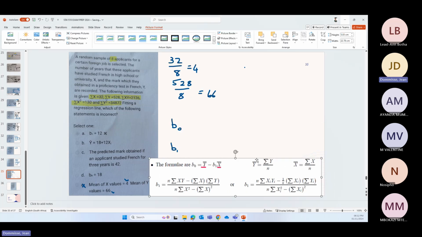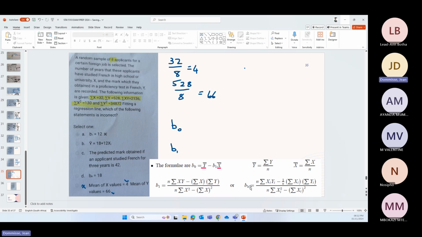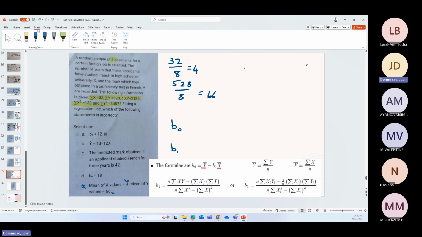So let's see. With B1, we can now work B1 out. So again, if we had Excel or not, we still needed to use this formula because we can't do it any other way. So B1 is, and we've got, there's the XY. So let's quickly work it out here.